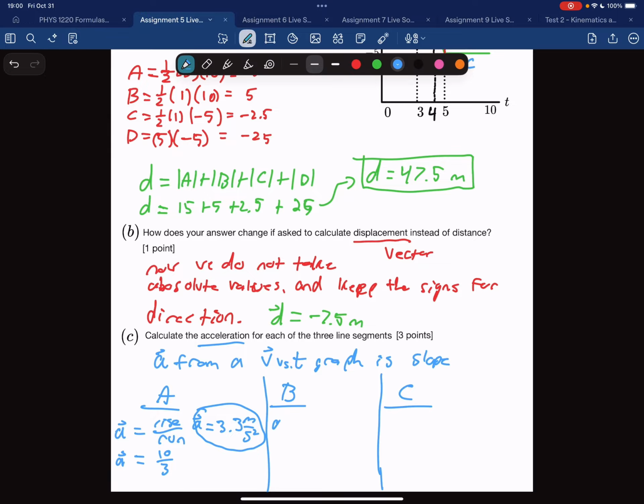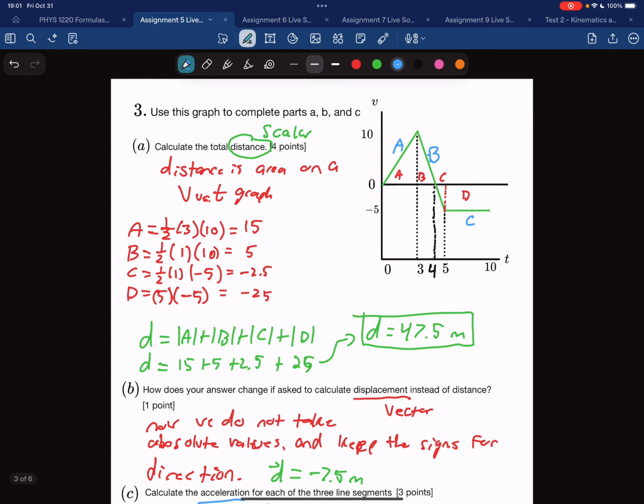For B, we will use the point slope formula here. So m equals y2 minus y1 over x2 minus x1. And looking up here, our first point is going to be the very top of the graph, the absolute maximum, which is going to have an x-coordinate of 3 and a y-coordinate of 10, both positive.